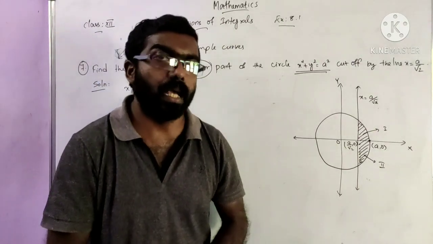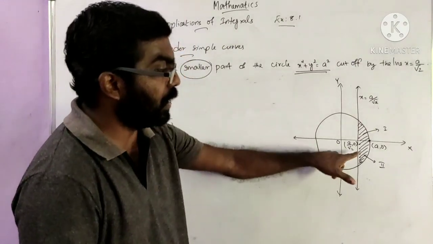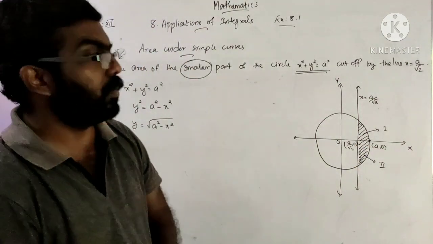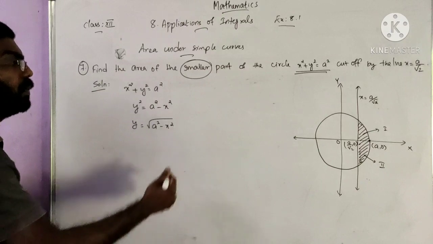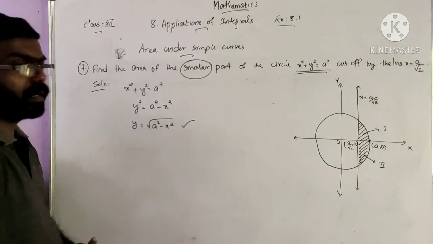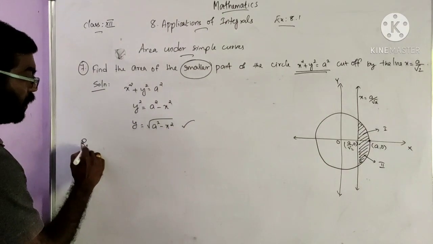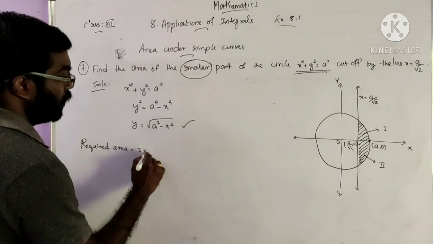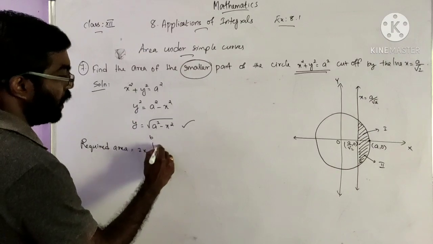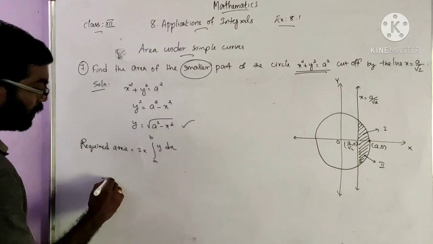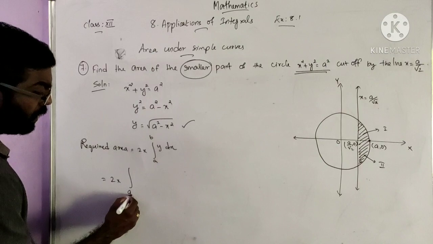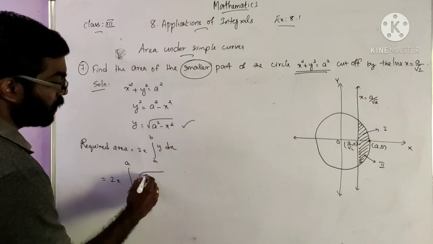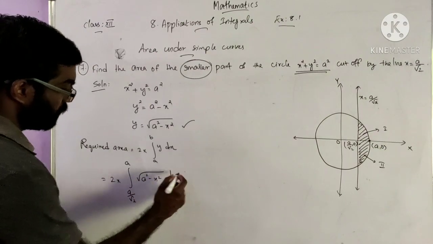So the required area is 2 × integral from a/√2 to a of y dx, where y is the value we got from the equation of the circle. So the required area is 2 × integral from a/√2 to a of √(a² − x²) dx.